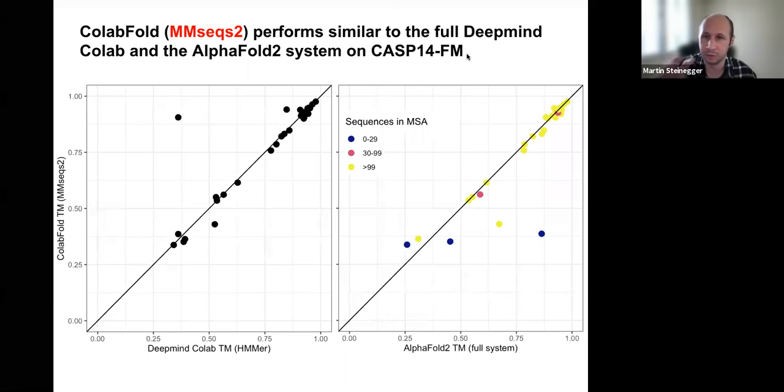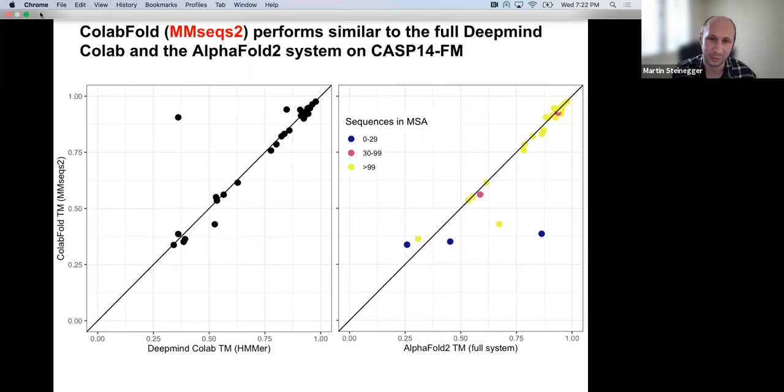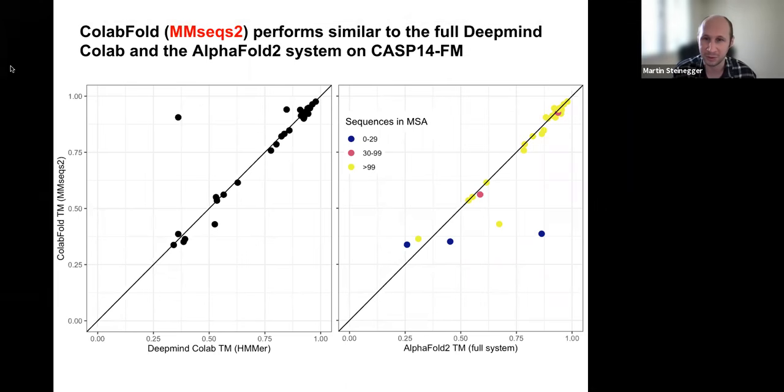So the AlphaFold system only found 2 or 3 sequences, and that was enough to get a TM score greater than 0.8, which is pretty impressive. But it means sometimes only a few sequences can make a big difference for a target. Overall, I just want to show that the system that we have built can actually keep up with the systems that are out there.